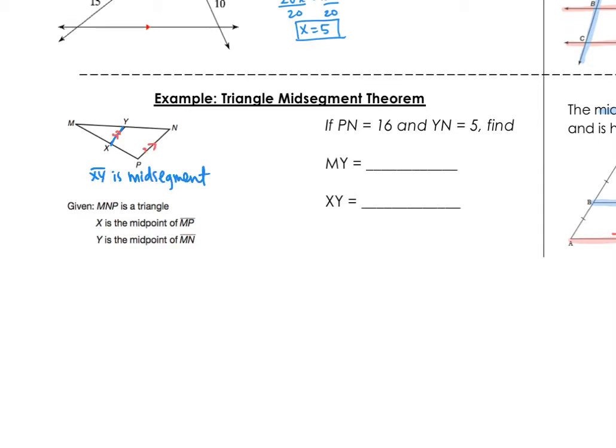We also know that XY is half the length of PN. So it's giving us that PN is 16. So to get XY, we basically just need to divide that by 2. So XY is 8. This also tells us that YN is 5. We want to know MY. Well, if Y is the midpoint and YN is 5, that means this length also has to be 5.